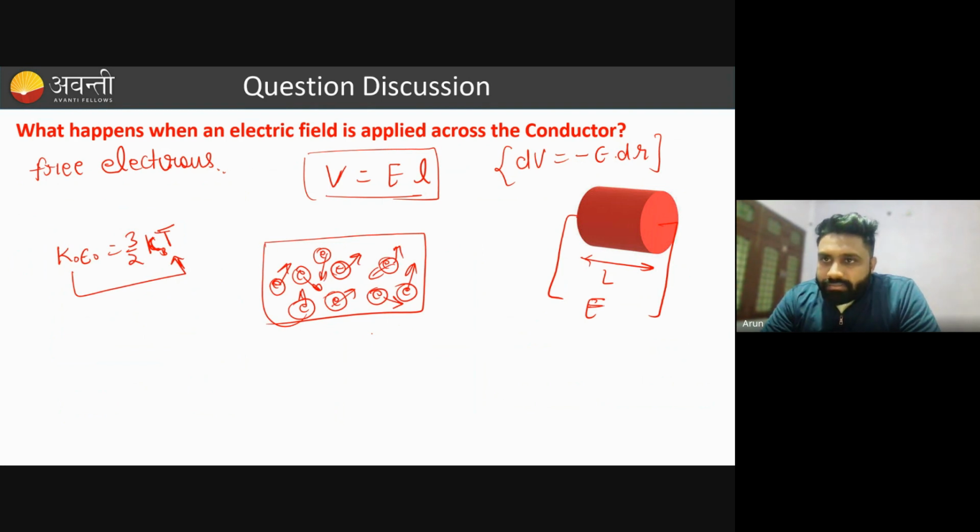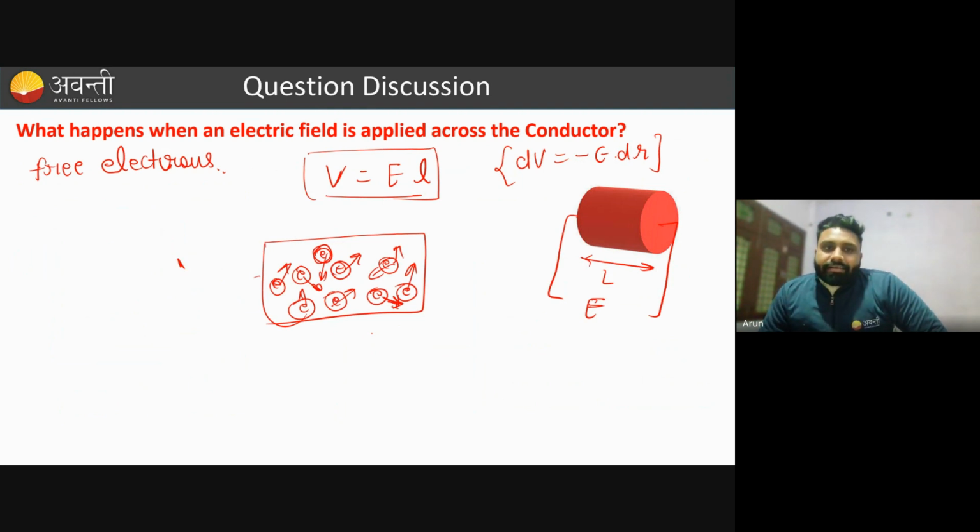And that is not possible; absolute zero temperature is not possible. This means that in the absence of any external field, they also have some kinetic energy. But the motion of the electrons is so random that they cancel out the effect of each other, and the net current or net potential difference inside the conductor will be zero. An electric field would not develop inside it because of the random motion of electrons.